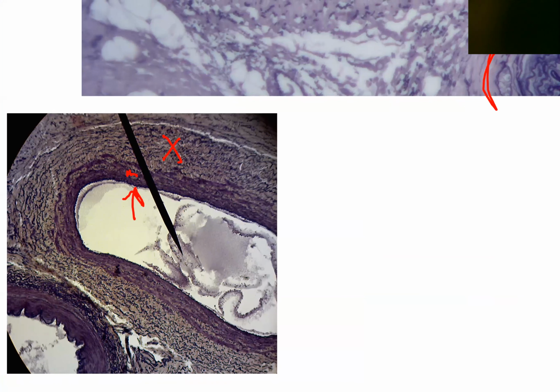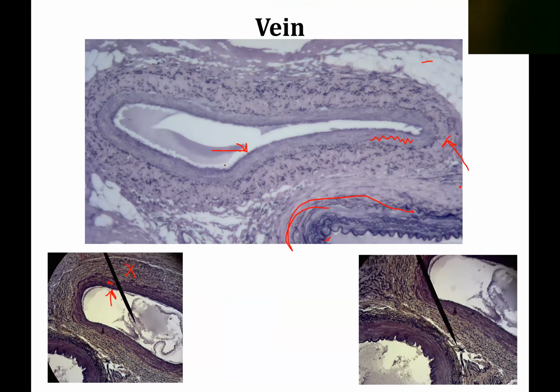So don't be afraid to change the size of your picture or your screen. So that's the first part of the lab for lymphatic organs, and then the layers of lymph and blood vessels.